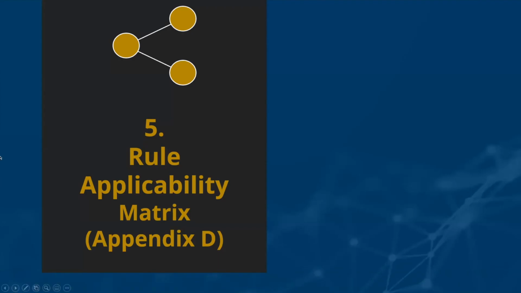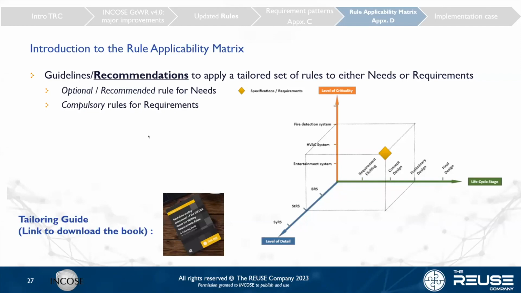And so now I move to one of the main improvements here in the guide, which is a totally different approach to needs and requirements verification rules. Because as I said, section 1.8 proposes us a challenge, which is to distinguish between needs and requirements. And that's what was intended here. So there's been work here to identify some optional and recommended rules for needs.